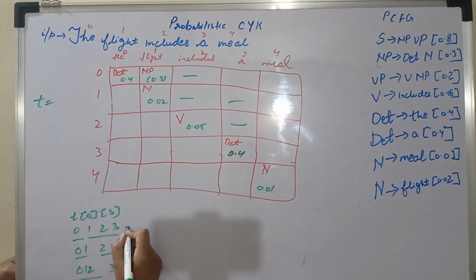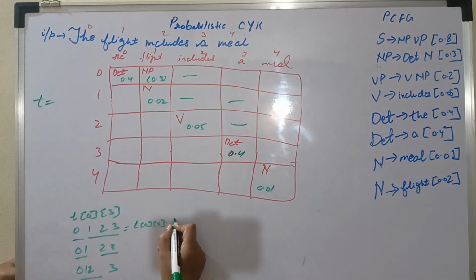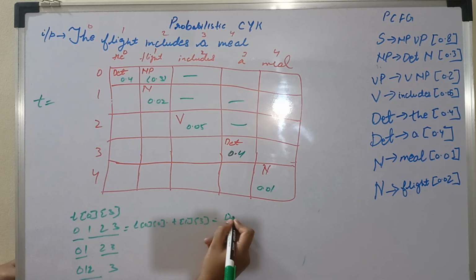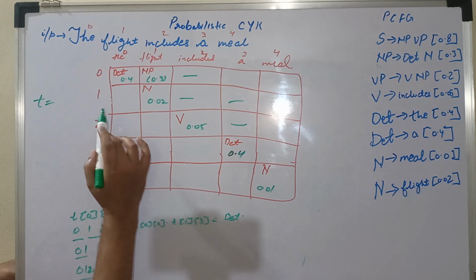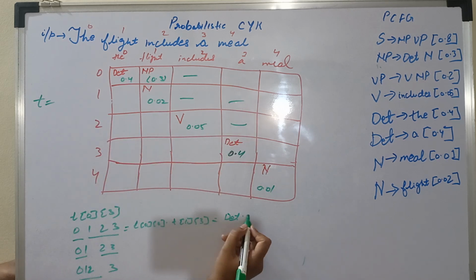These are the three parts. So here it will become T00 into T1 3. T00 is det and T13 is 5, so this becomes 5.